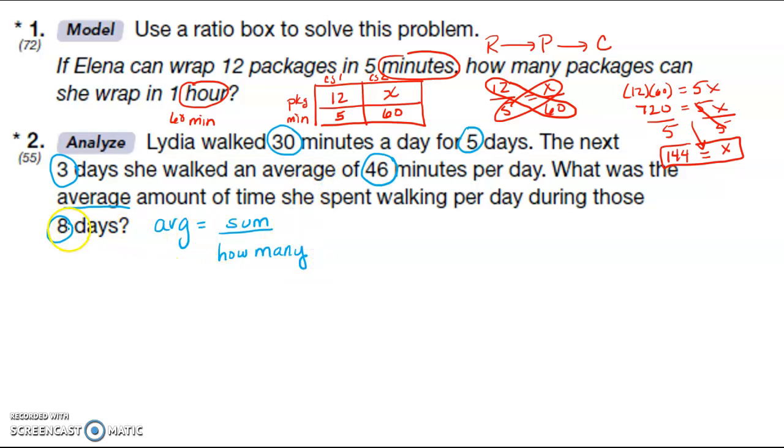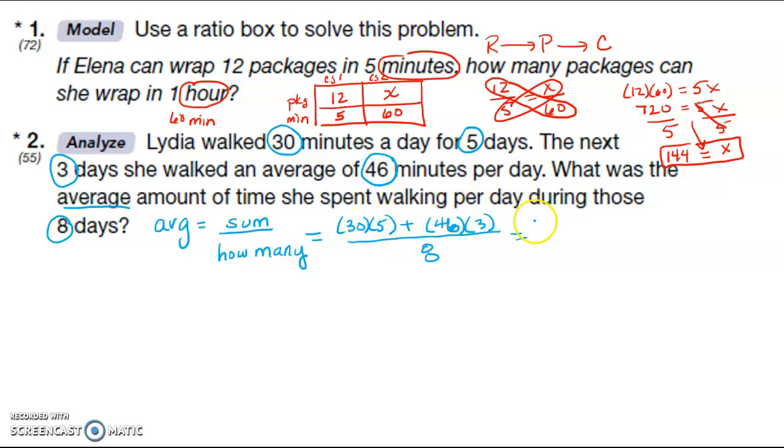I know my 8 is going to be my how many, and my sum is actually going to be she walked 30 minutes for 5 days, so I'm going to multiply that, plus she walked 46 minutes for 3 days. And all over that is the 8 days.